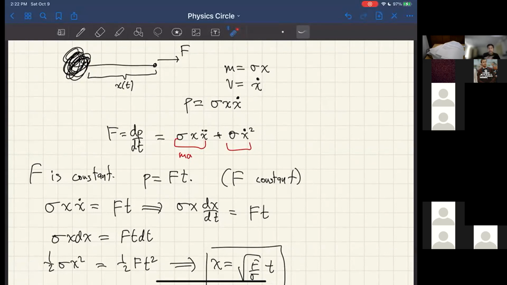So that force has to also be used to accelerate the new mass that's being added in. That's why the force is different when you add new mass, because you need a force to accelerate that new mass. And mathematically, this is what it is like.